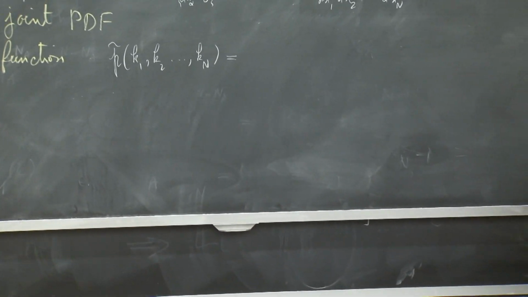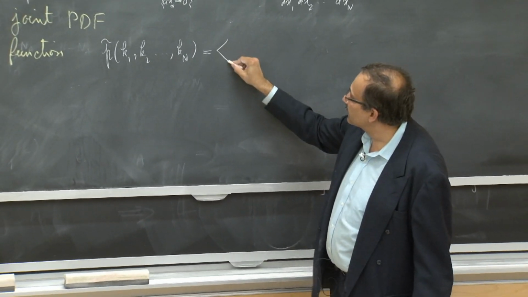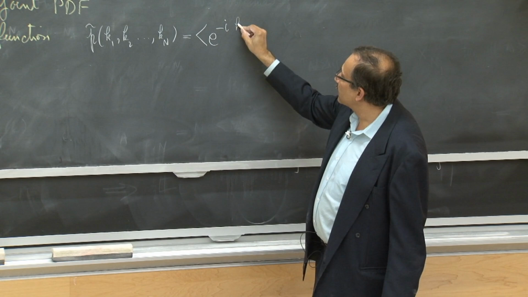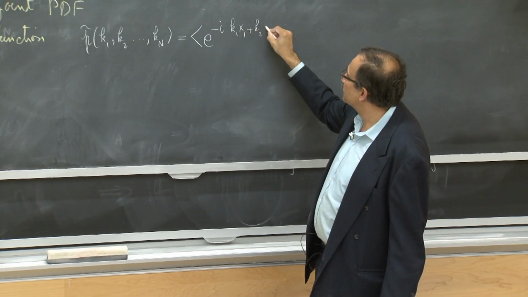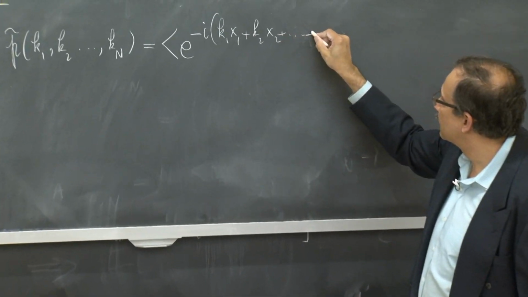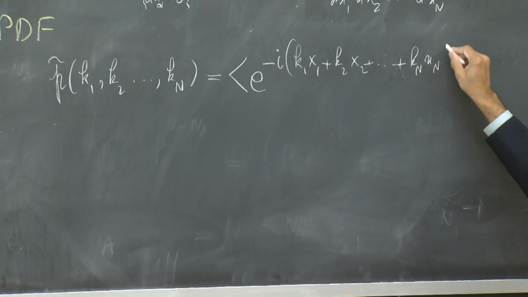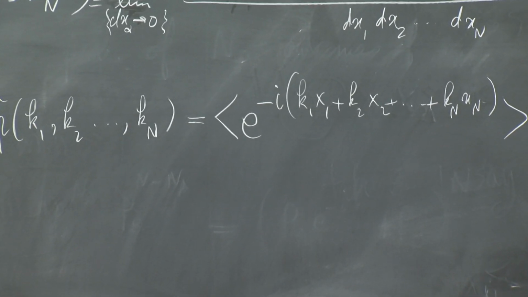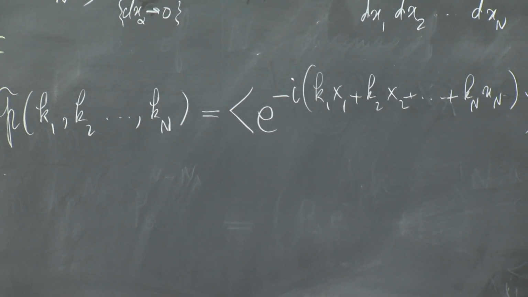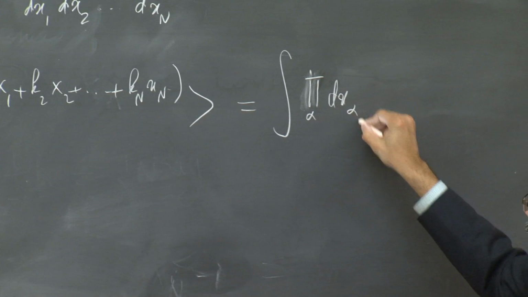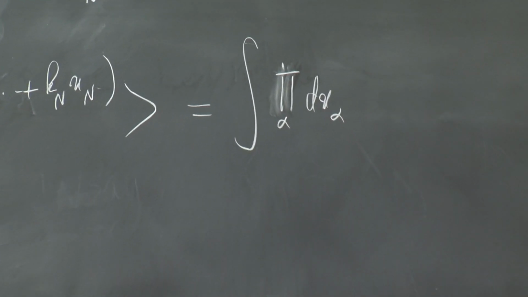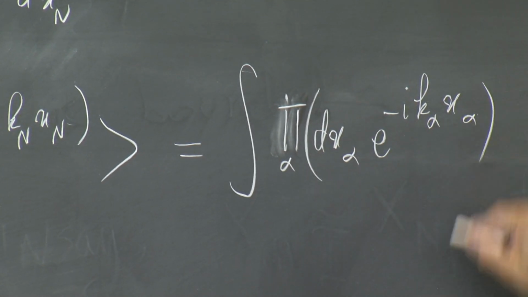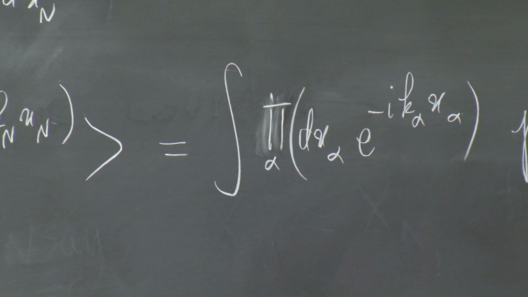And this would mathematically amount to calculating the expectation value of e to the minus i, k1 x1, k2 x2, and so forth. Which you would obtain by integrating over all of these variables, e to the minus i k alpha x alpha, against the probability of x1 to xn.